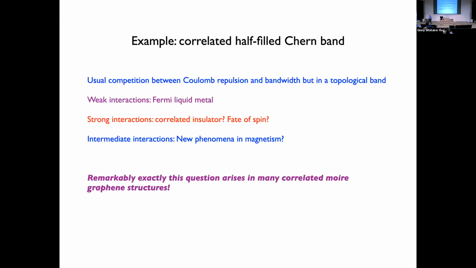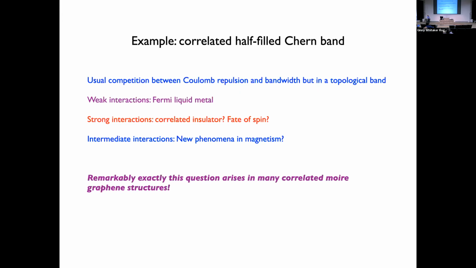So for weak interactions, we might expect that you just get a Fermi-liquid metal because you're half-filling a band. But for strong interactions, perhaps you will get a correlated insulator. And if you do get a correlated insulator, you can ask what the spin is doing, posing the same question as is done in usual Mott insulators. And for intermediate interactions, perhaps we'll get all kinds of new states of magnetic matter that are specific to living in a topological band, right?